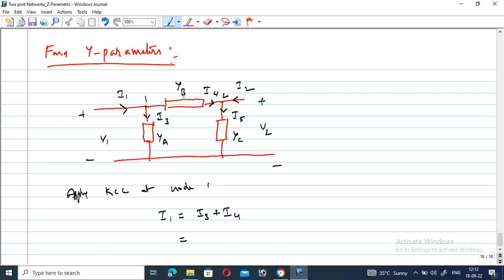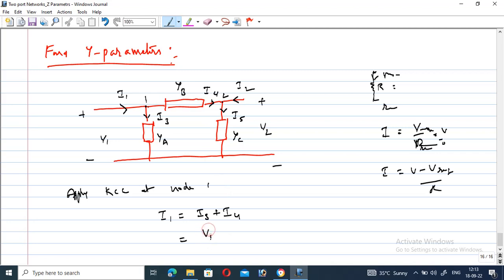Now from this equation, generally we can represent I3 as follows: the current flowing is the difference between the node voltage and the reference node voltage, divided by the corresponding resistance. I is equal to (V minus V reference) by R. Since 0 is the reference node, V1 is the node voltage.